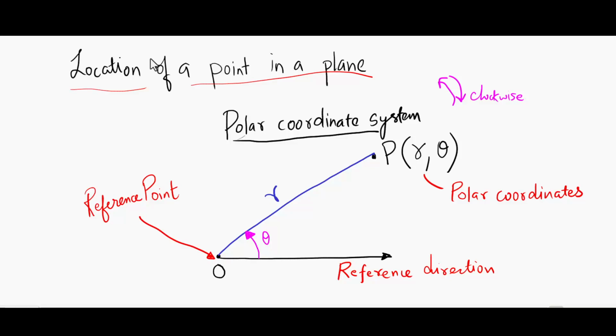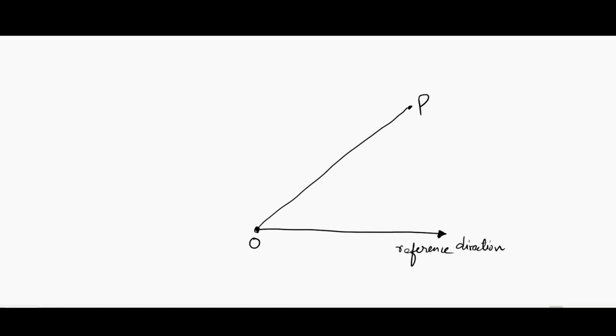Let me give you some examples. So suppose that this is an infinite plane, and we have here the origin and this direction as the reference direction, and there is a point P here in space, and the distance of this point from the reference point is, suppose, 5 units, and this line OP makes an angle of 60 degrees, or in radians pi by 3.